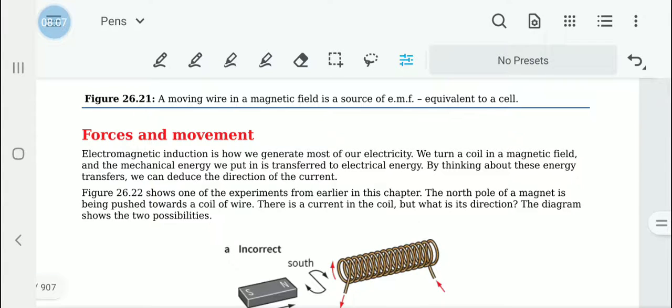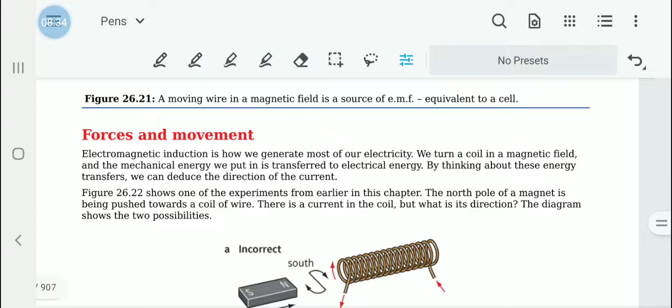Now we are going to discuss forces and movement. Electromagnetic induction is the process by which we generate most of our electricity. When we turn a coil in a magnetic field, so all of this hydroelectric power or diesel power or wind power, all of these forms that we use in our country use a generator or a turbine.